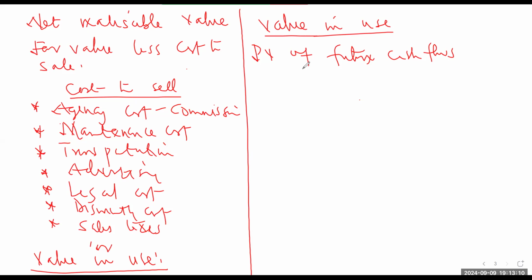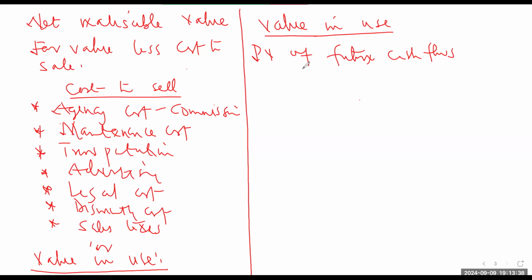As a rational person, if using the asset is going to give you a benefit higher than selling it, there is no way you can sell it. The only time you can sell it is something beyond your control. But under normal circumstances, if selling the asset is going to give you a higher benefit than continuing to use it, you sell it. The recoverable amount is determined from the perspective of a rational entity.